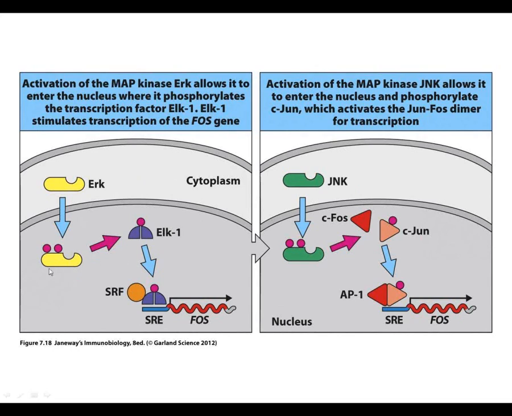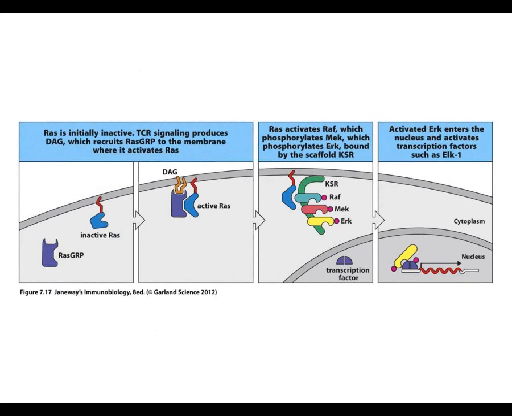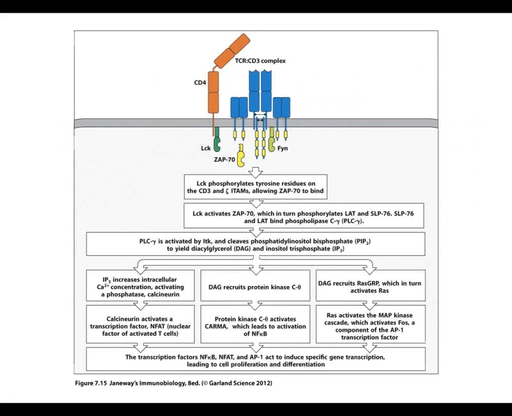So the MAP kinase, ERK, can come in and bind Fos and Jun to make AP1, which is another transcription factor. All right. So the RAS, MAP kinase pathway leads to AP1, which is made of Fos and Jun.